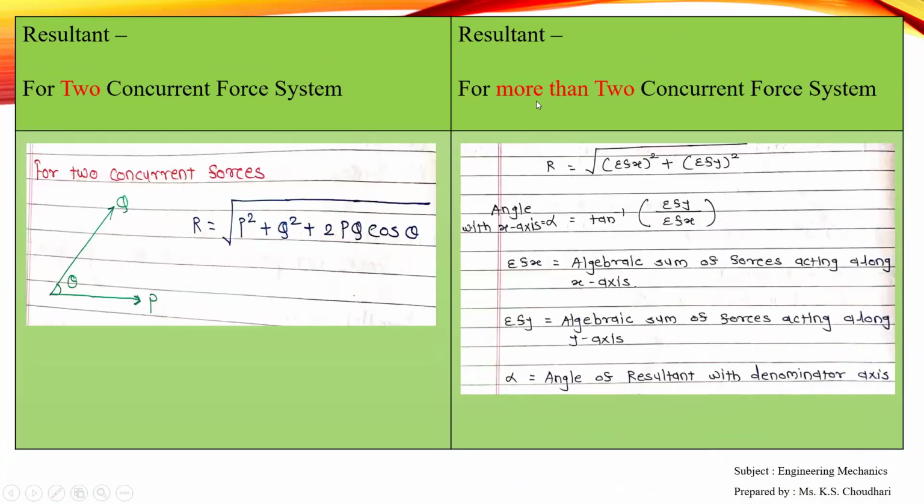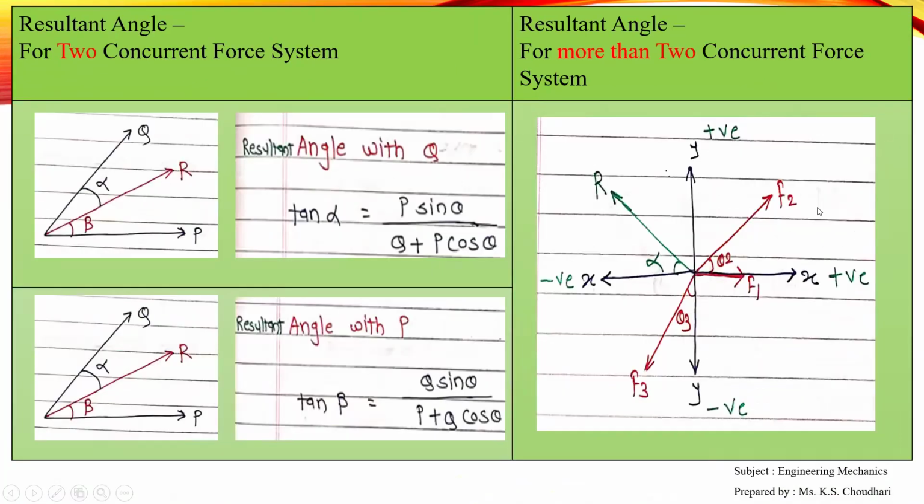But sometimes there are more than two forces, no? Like this figure. Okay, look at this figure. Here there are only two forces, that is P and Q. But here a number of forces are there, F1, F2, F3. Likewise, forces are there.